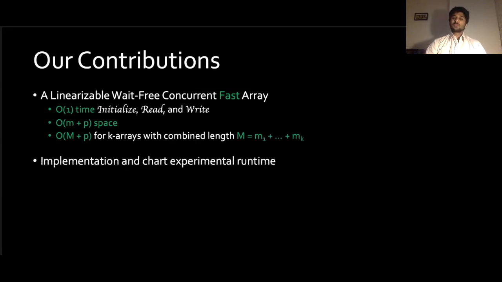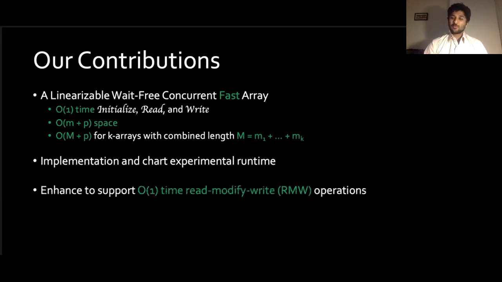Second, we implement our algorithm and chart the empirical runtimes of the three operations. Finally, as I'll describe in more detail at the end of the talk, we enhance our algorithm to one that supports constant time read-modify-write, RMW, operations such as compare and swap, fetch and add, etc., along with read and write.